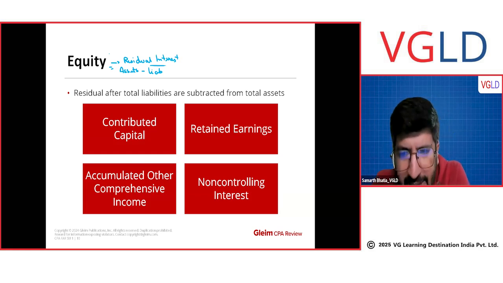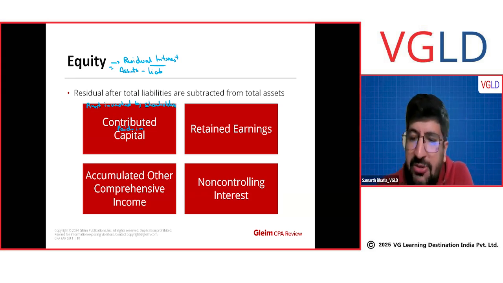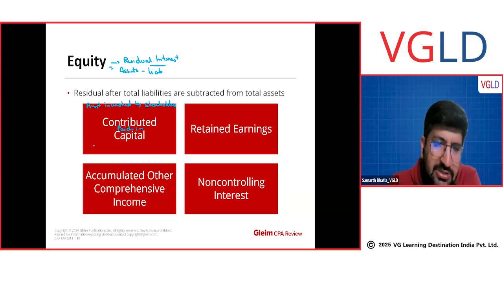Contributed capital is the same as paid-in capital. So this represents the amount invested by the shareholders, including the par value and the additional paid-in capital. So it is a total of common stock plus preferred stock plus APIC.